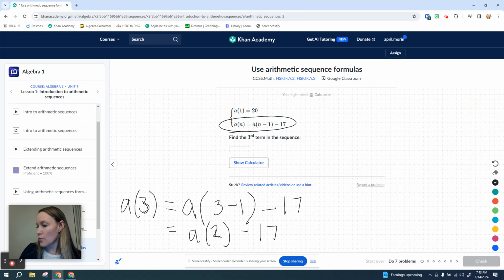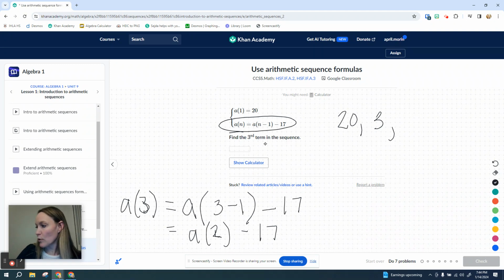Okay, so we need to know what A of 2 is. So A of 1 is 20, and we're going to subtract 17. So 20 is the first term, then minus 17 would be 3 is the second term.